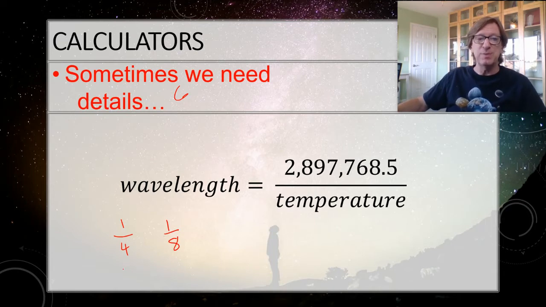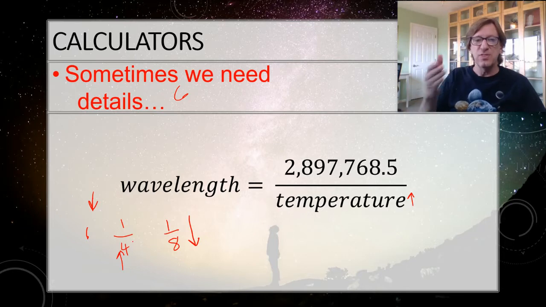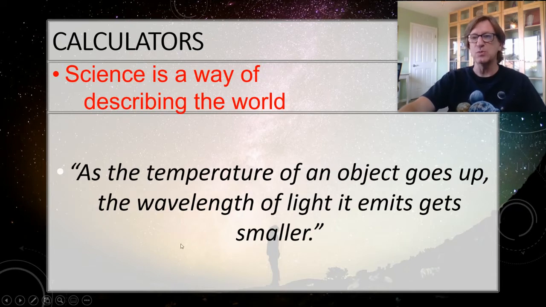So as the bottom number goes up, the whole fraction goes down. That's what inversely proportional means. So as the temperature goes up, the wavelength, which is up here, is going to go down. This formula, this equation, does nothing more than encapsulate what all these words say.